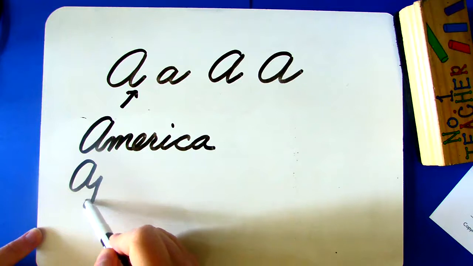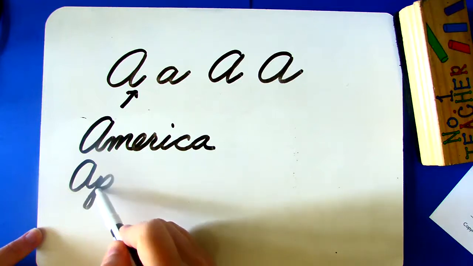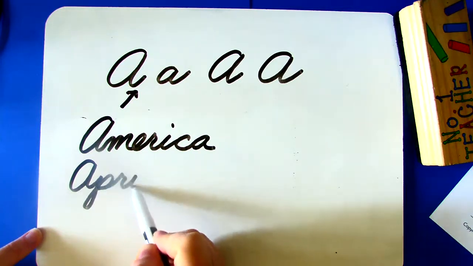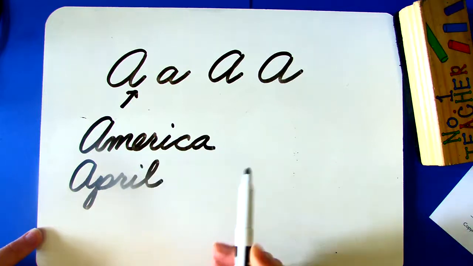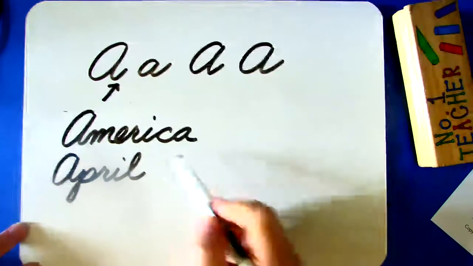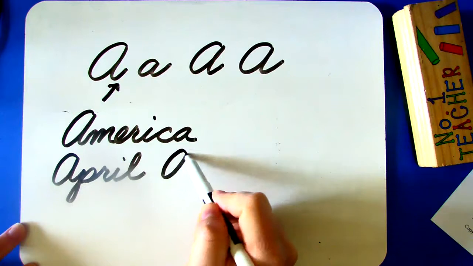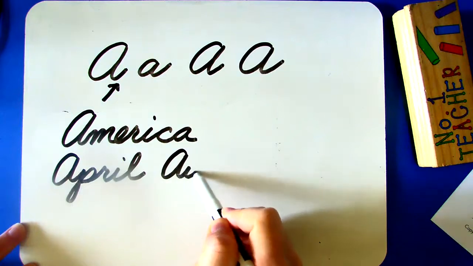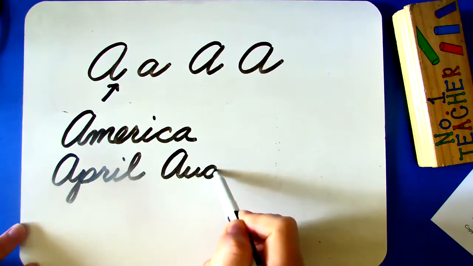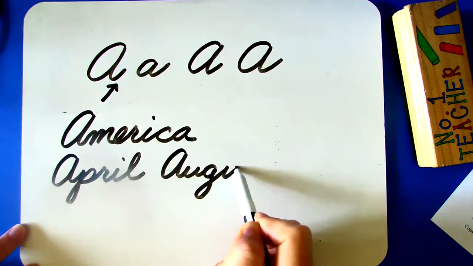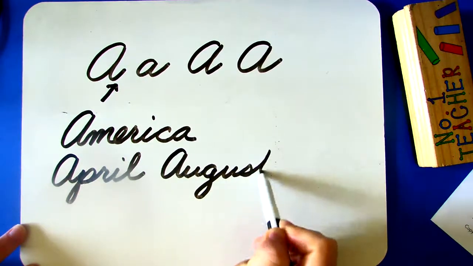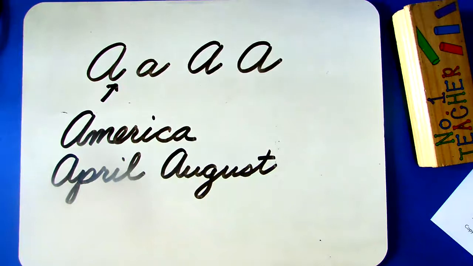We'll do 2 months. April starts with a capital A. And so does August. There they are. America, April, and August start with A.